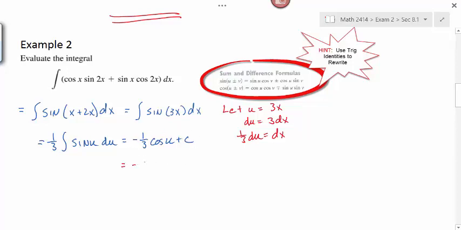The final answer here then would be negative 1/3 cosine 3x plus c. Do you understand what I mean by you've got to go back to the original variable if there's no bounds on the problem? Y'all know this, or at least you knew it at one point. I'm just reminding you of that. That's a costly, careless mistake.